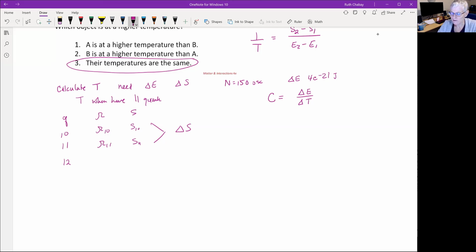So if we had one more value of ways of arranging quanta and one more value of entropy, we could get another value of delta S. We could get two temperatures. And now we could use these to get a delta T, which would actually let us predict specific heat.